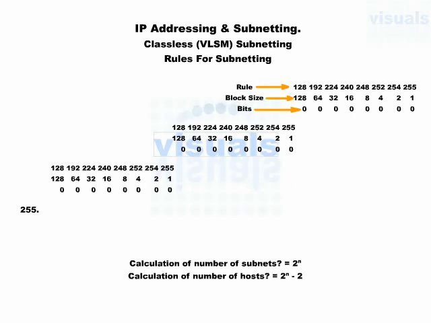Now we have discussed the rule, block size, and bits. For calculating the number of subnets we are going to apply this formula: 2 raised to the power of the number of bits we apply for subnets. For example, for 1 bit, we take the value 1 in the place of n. 2 raised to power 1 results in 2, and that is our number of subnets.